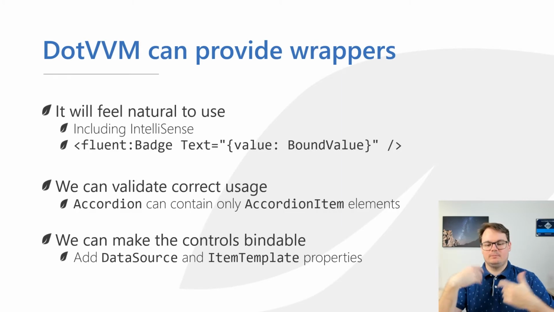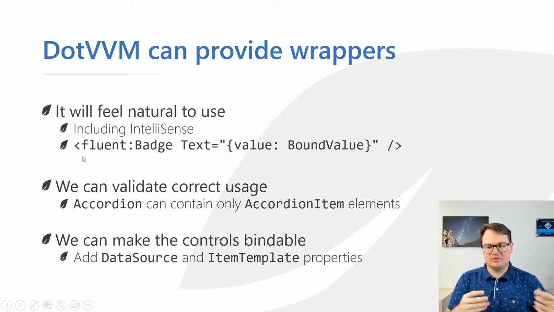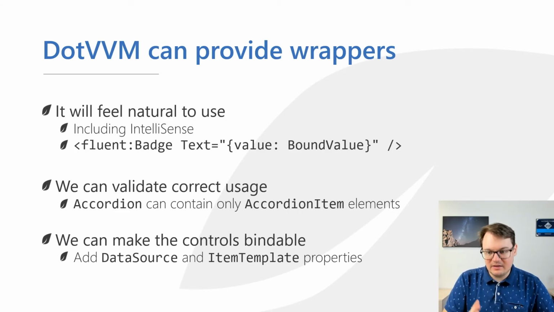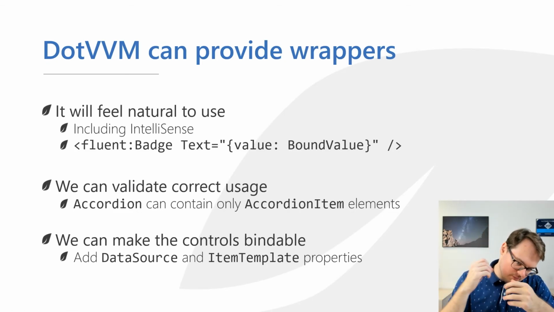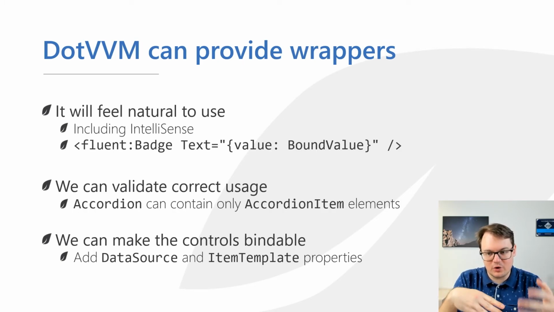For example, DotVVM has a type system for control wrappers, and it can do validation of attributes. So if we build wrappers in DotVVM, then you will get a nice IntelliSense with all the validations. So for example, the badge control will tell you that you need to specify the text, that the text is a required property.